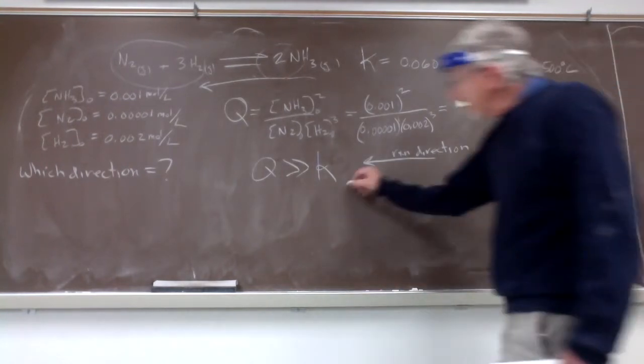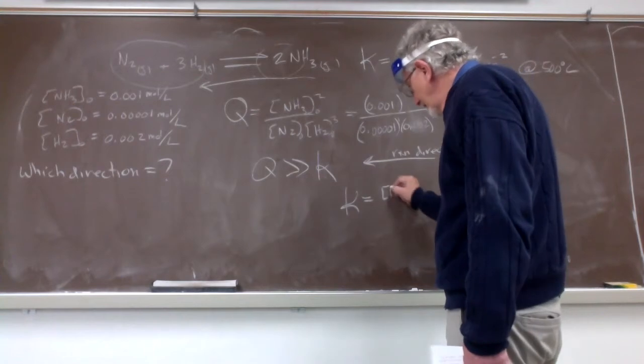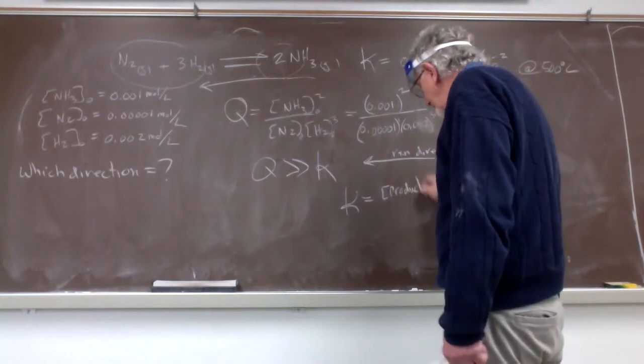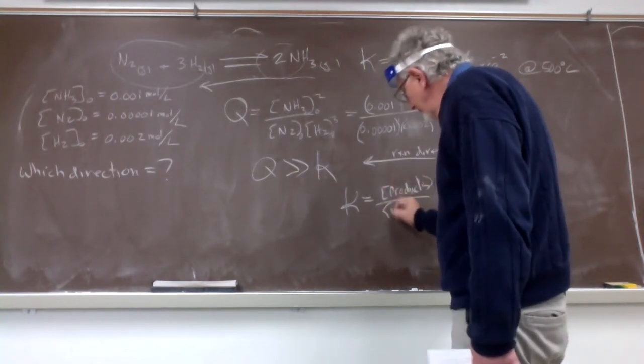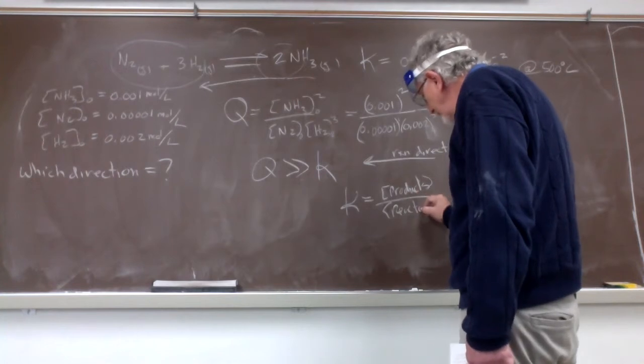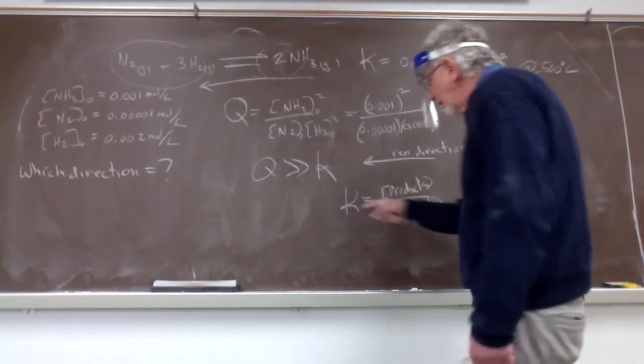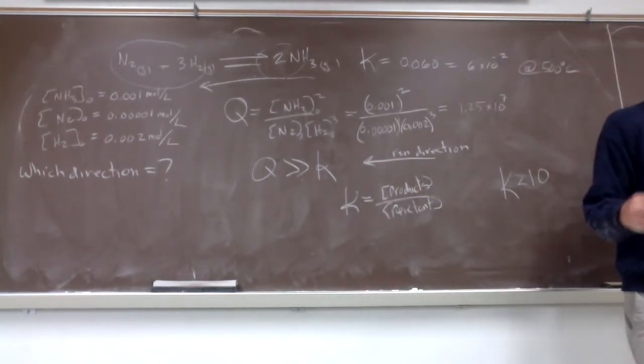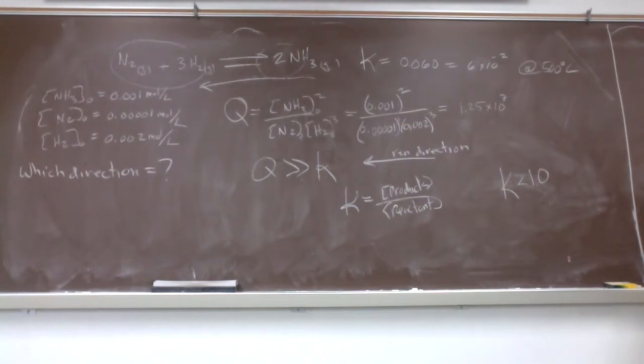And remember, I said, always keep in mind that in general, all the equilibrium constant is doing is giving us the ratio of the concentrations of product to the concentration of reactants that will be in the system at equilibrium.